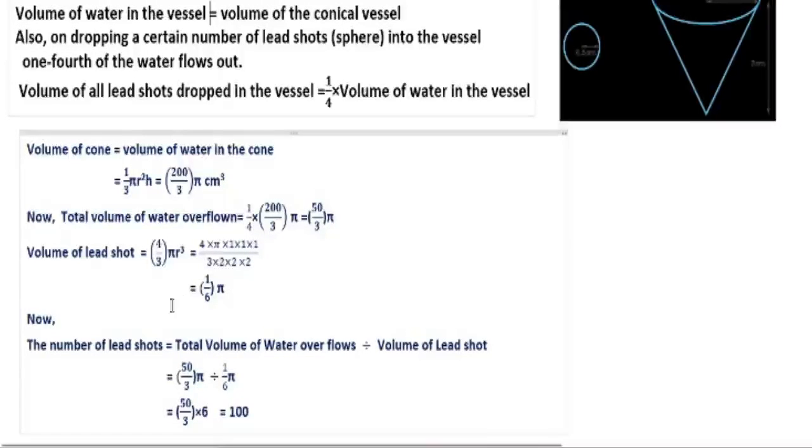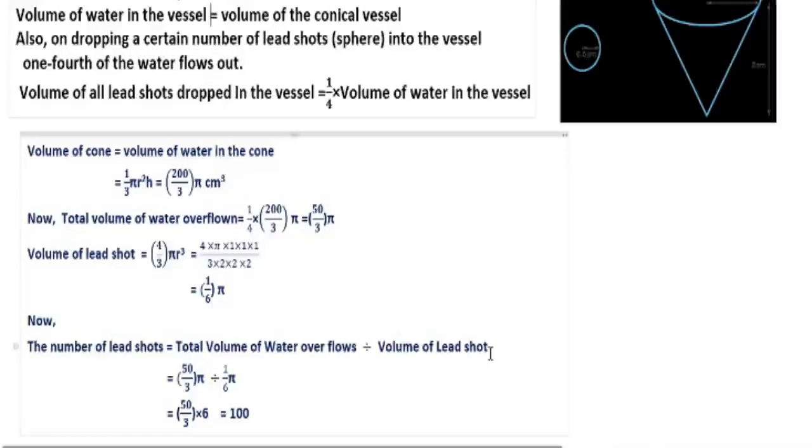Now we have to find out the number of lead shots. The total volume of the water that overflows is equal to the total volume of the lead shots, that is equal to 50/3 pi. So for finding the number of lead shots, we have to divide the total volume of water that flows out by the volume of one lead shot.